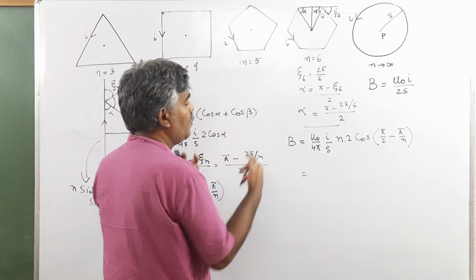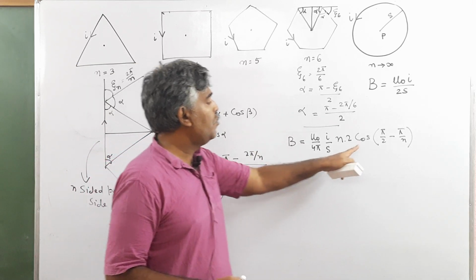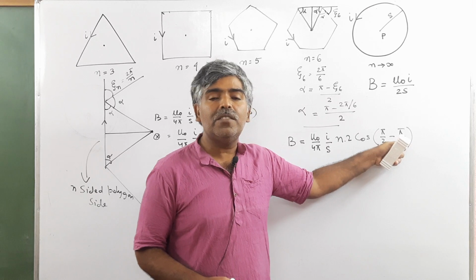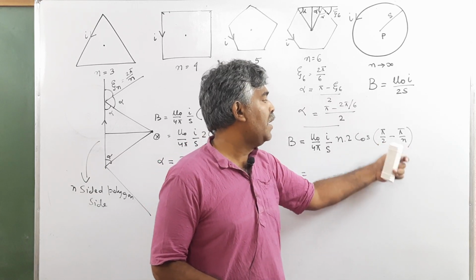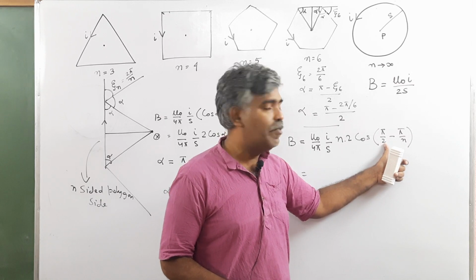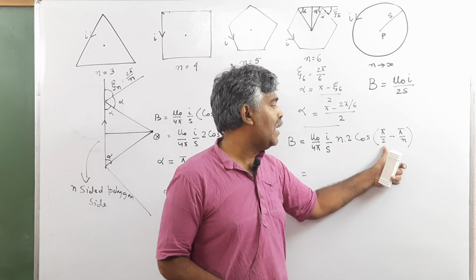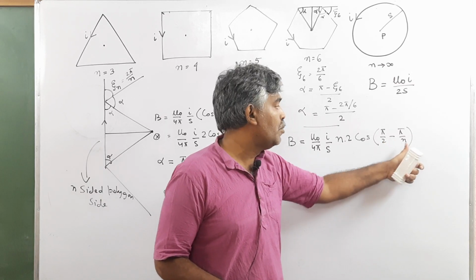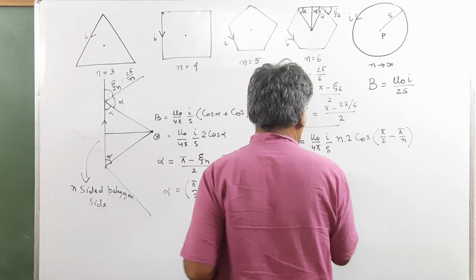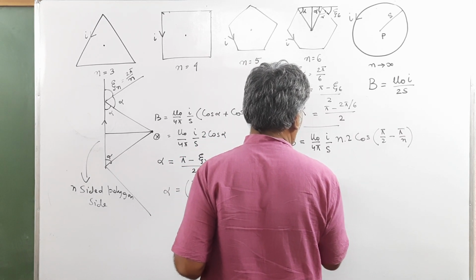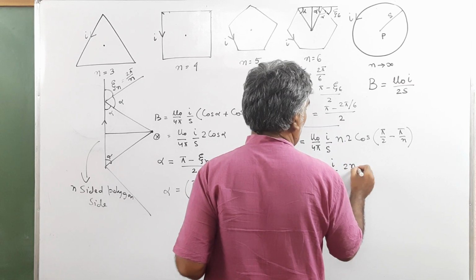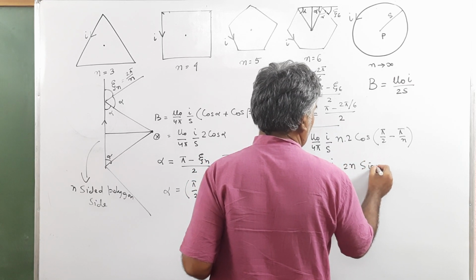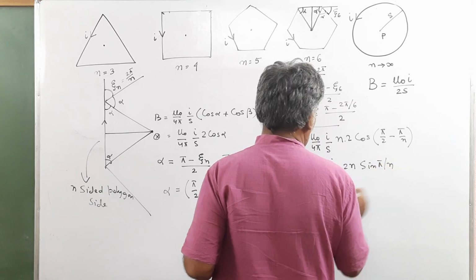Now if you expand this, cos(A minus B) is cos A cos B plus sin A sin B. So cos A cos B has cos pi by 2, which will vanish. So plus sin A sin B, sin pi by 2 is 1. So it will be just sin pi by n. So this is mu 0 by 4 pi I by s times 2n times sin pi by n.